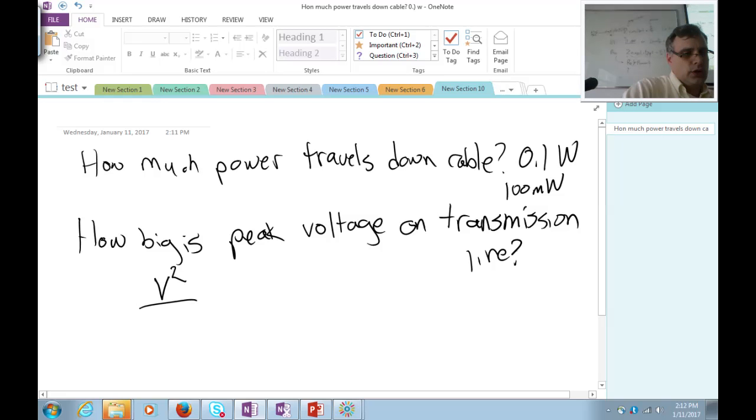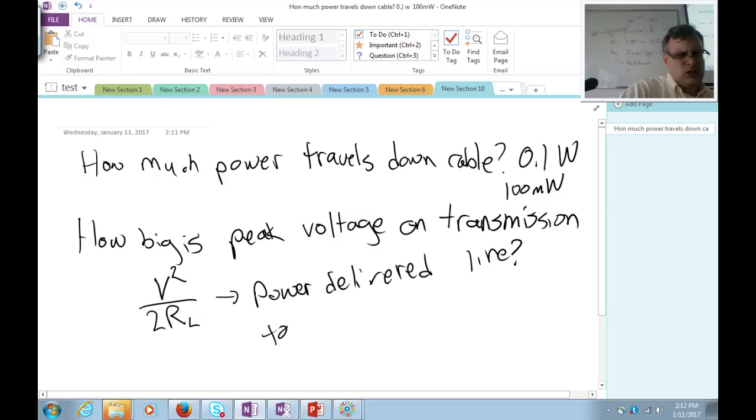So in that case, let's go back to our formulas here. We know that V squared over 2RL is the power delivered to the load.